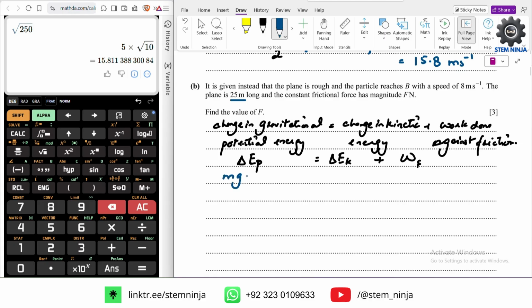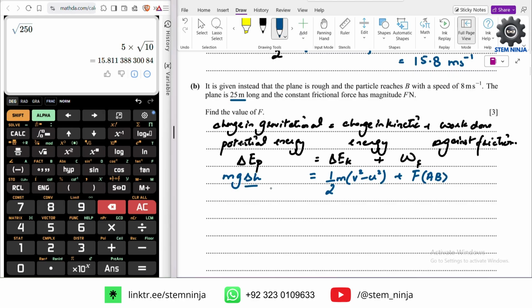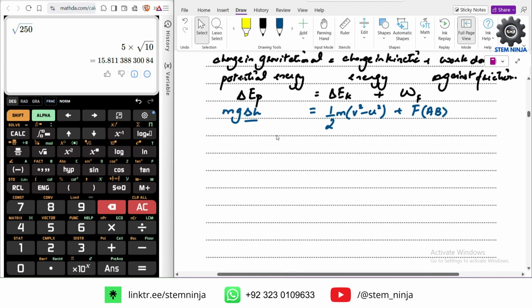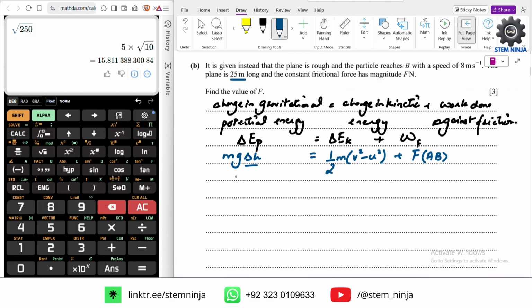So mg delta H equals the change in kinetic energy, half m (v squared minus u squared), plus F times AB. So let's plug in the values. Delta H is the same as before, 12.5 actually, times mg.